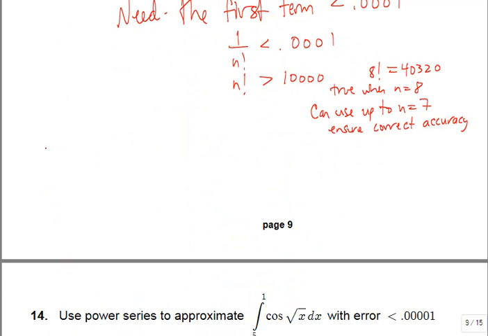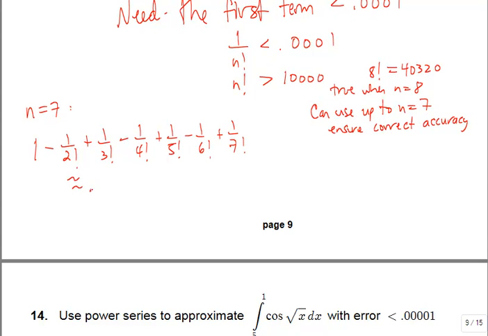So that would be, with n equals 7, 1 minus 1 over 2 factorial plus 1 over 3 factorial minus 1 over 4 factorial plus 1 over 5 factorial minus 1 over 6 factorial plus 1 over 7 factorial. And as a decimal, this is equal to 0.632148.